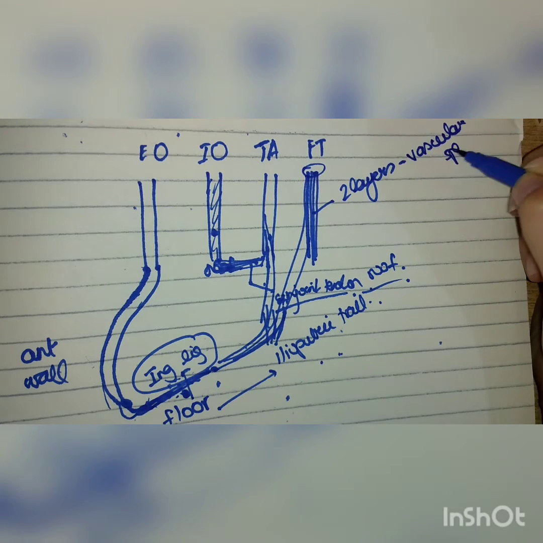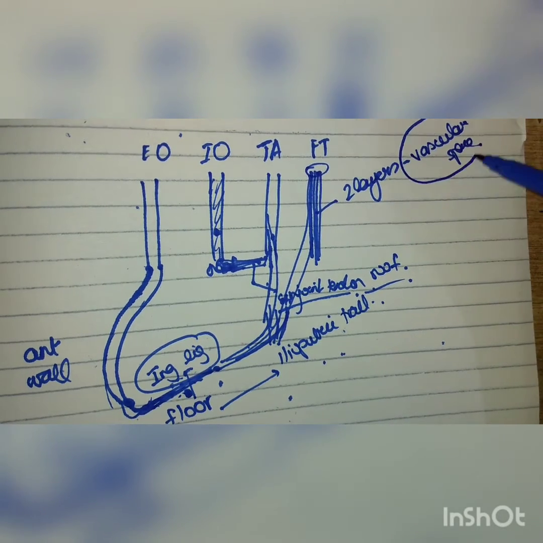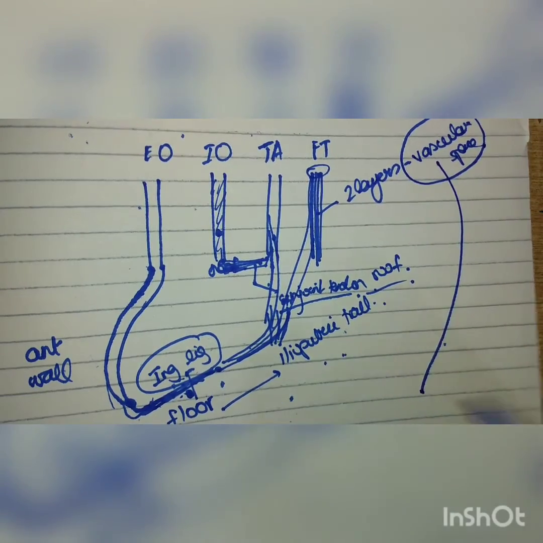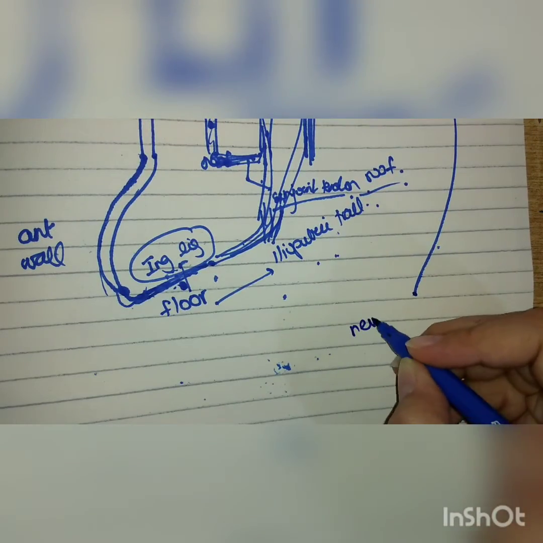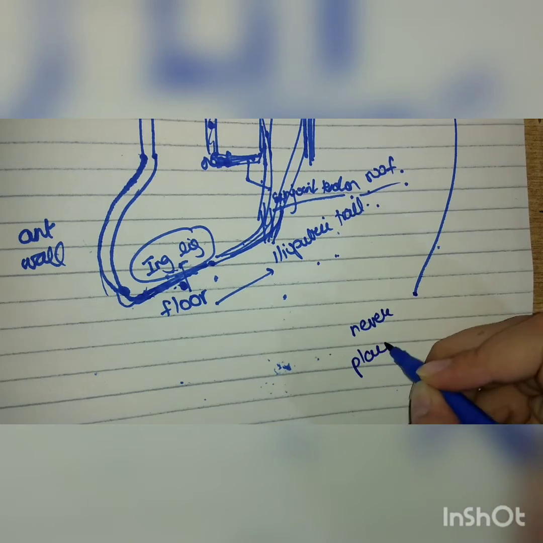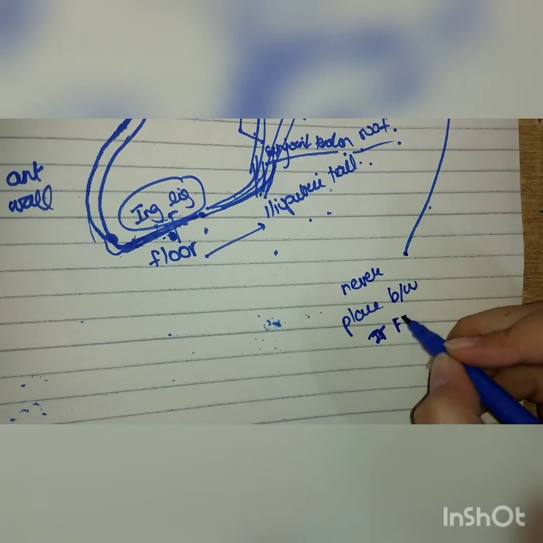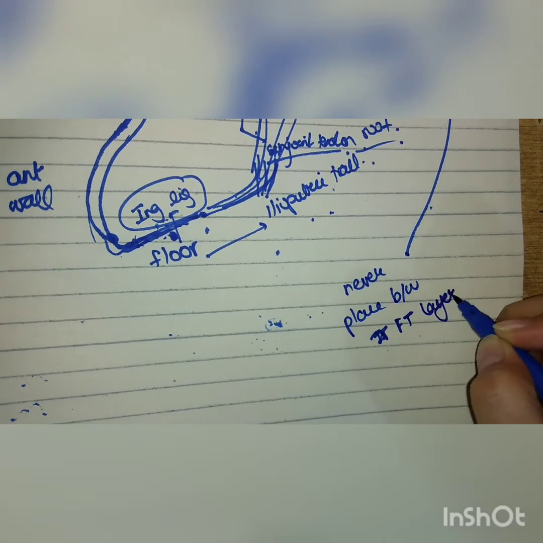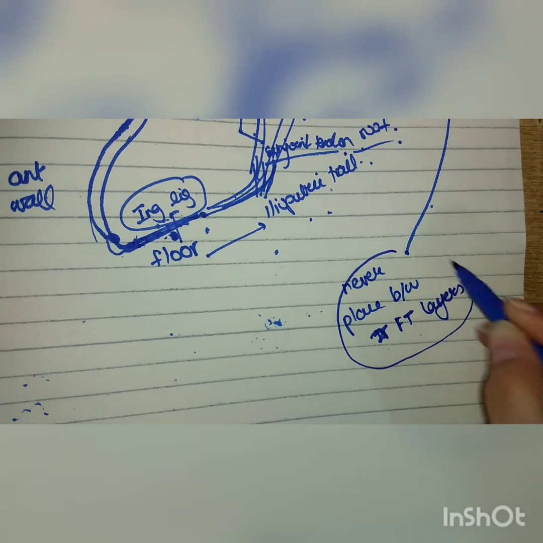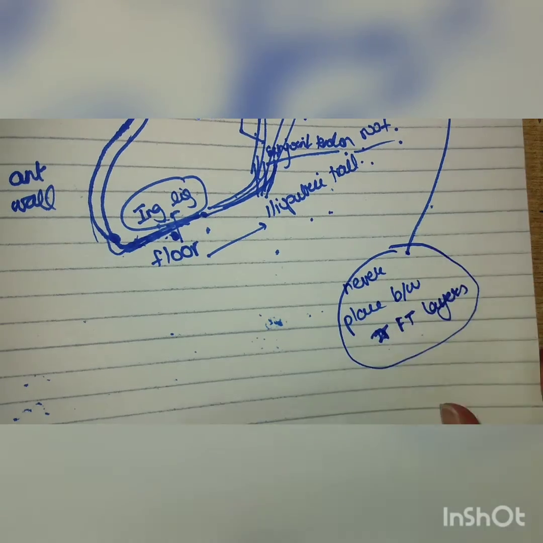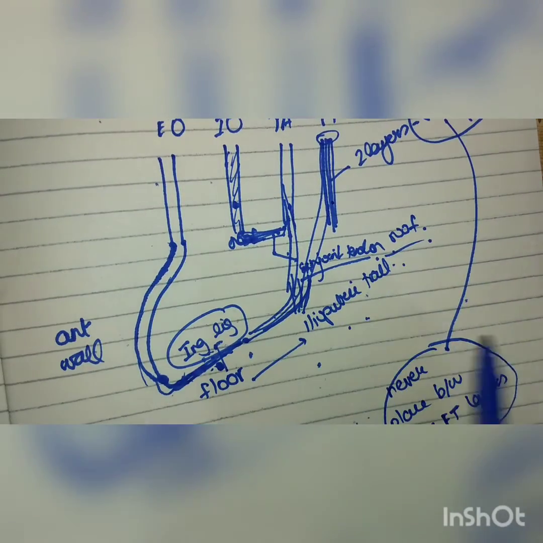What is the significance? We can never place a mesh between the fascia transversalis layers, because it is a vascular region and it would be extremely dangerous if the vessels get damaged and bleed. So in between, never place a mesh.